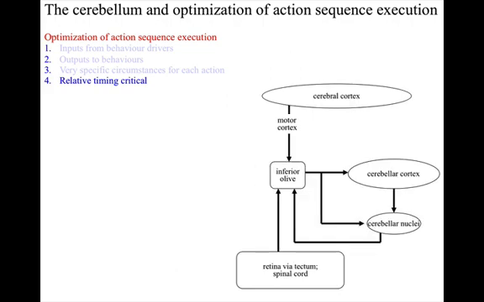The structure that inputs timing information is the inferior olive, which gets information from the spinal cord, and rather unusually gets information almost directly from the retina without going through the thalamus and cortex. And very few parts of the brain get information from the eyes apart from that route through the thalamus. So the implication is that the information has to get to the inferior olive as fast as possible.